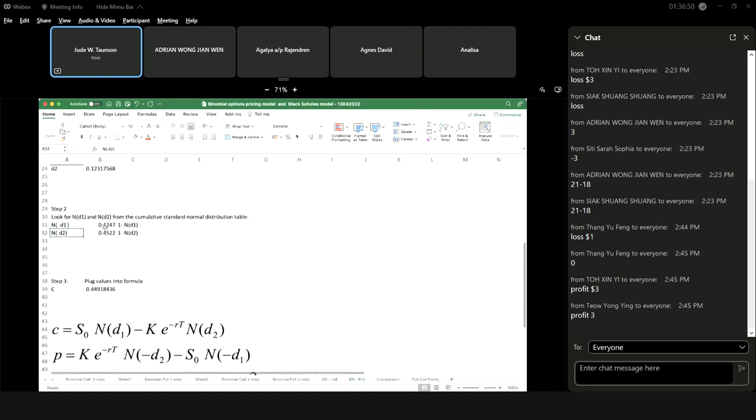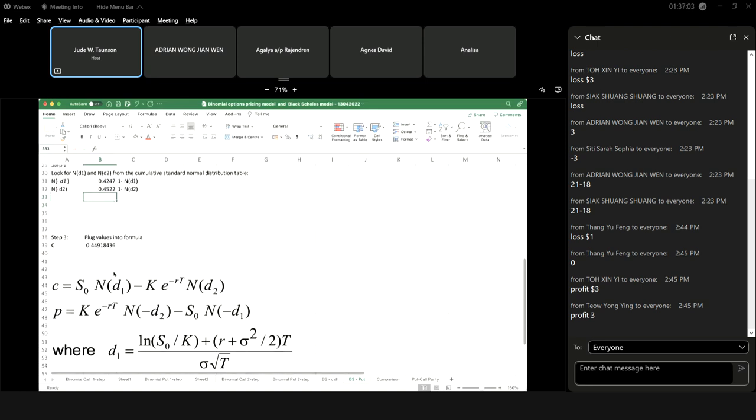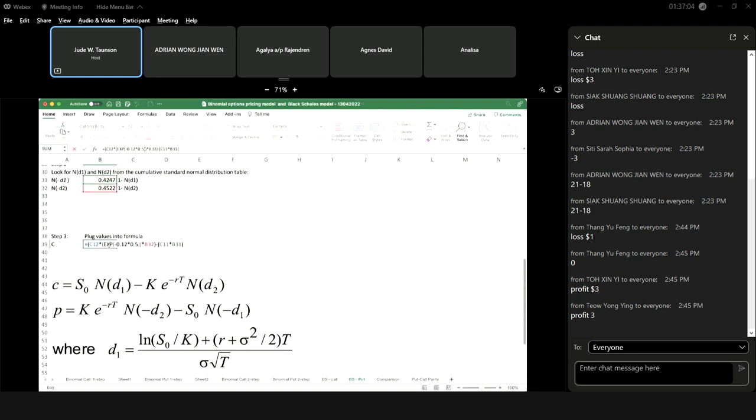Right, so basically 1 minus the value 0.53, 1 minus 0.5478. All right, so then straight away you use this formula.